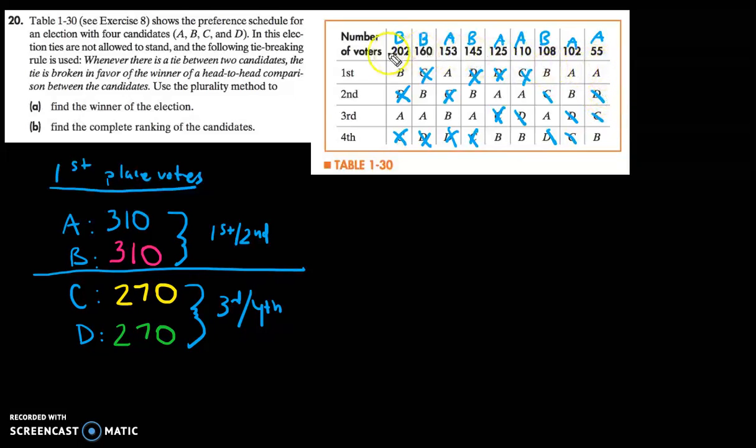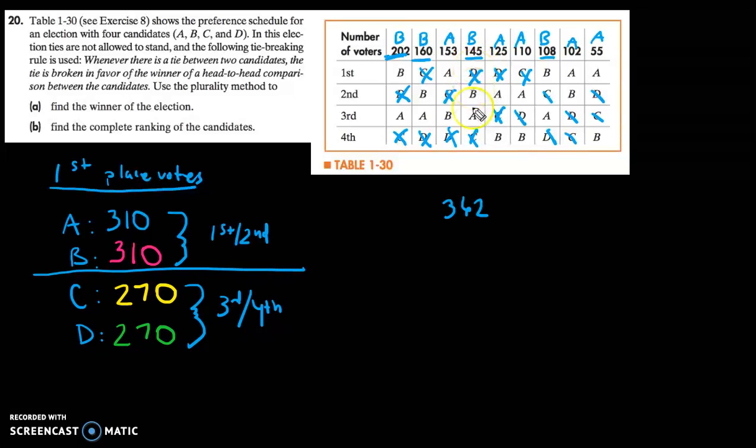Okay, so now we have to add up their total. So do this. Be very careful. This is why I did something to kind of mark them all off. So 202 plus 160 is 362. I'm just doing these first two. So these two.